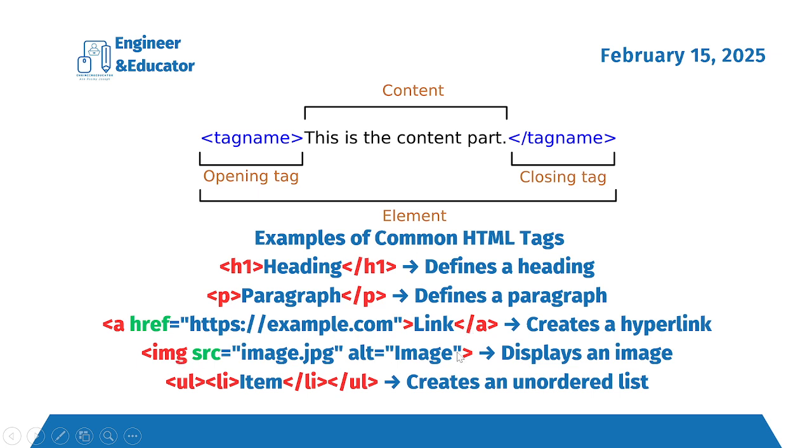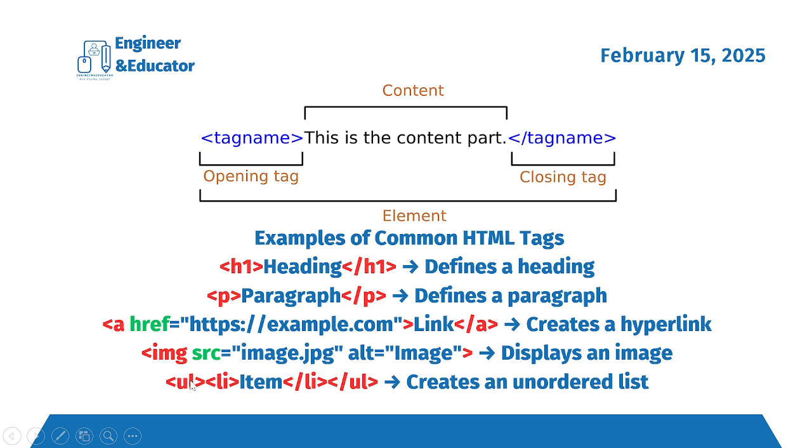What about the image tag? Where is the closing tag of this image tag? Yeah, you got a little bit confused. I already told you that in HTML we have both closing tags and self-closing tags. This image tag is a self-closing tag.